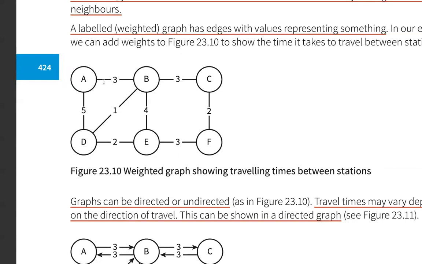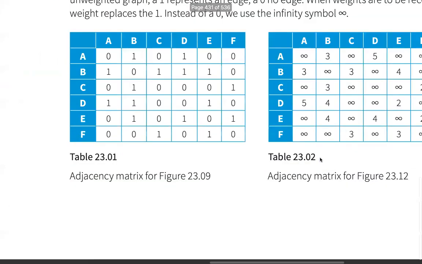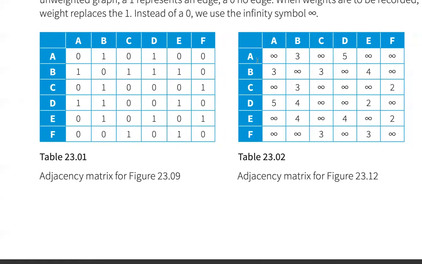So if I travel from A to B, it is possible, and the cost of such a travel is 3. Similarly, there is a direct path between A and D, and the cost of such travel is F.